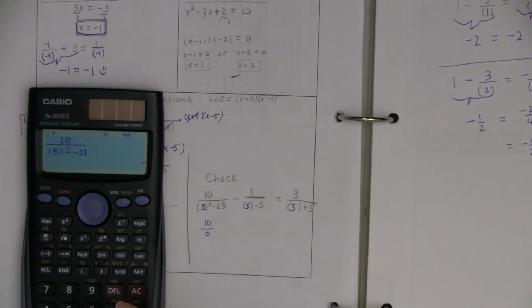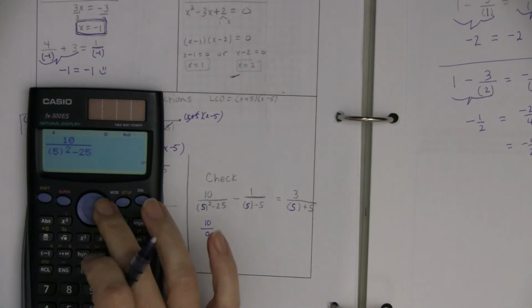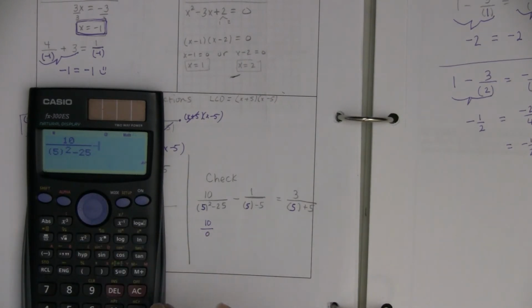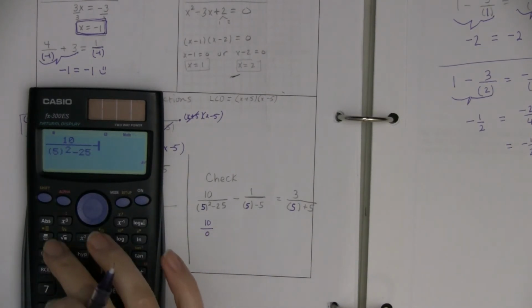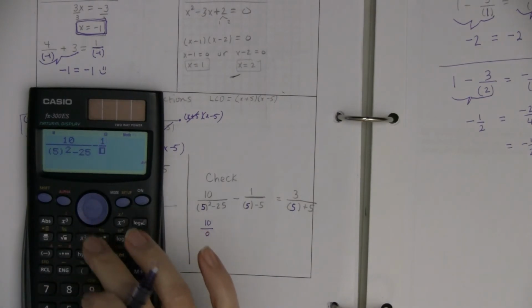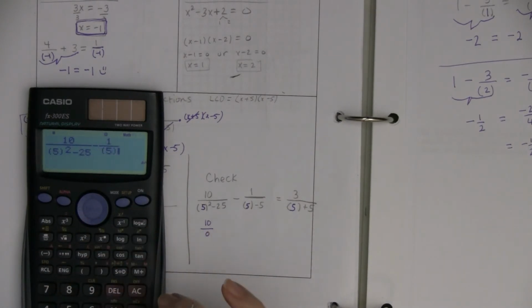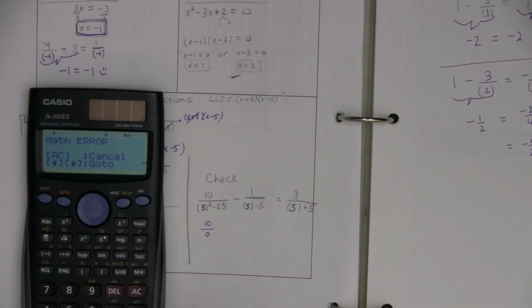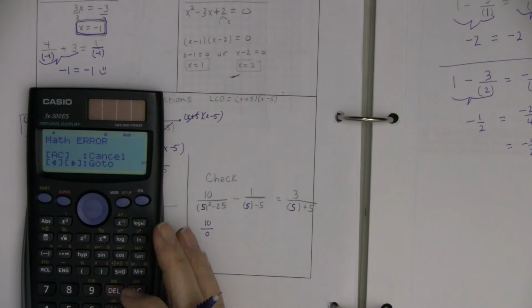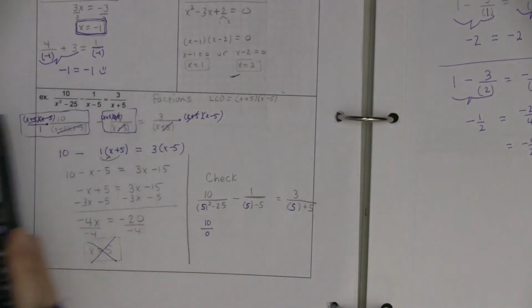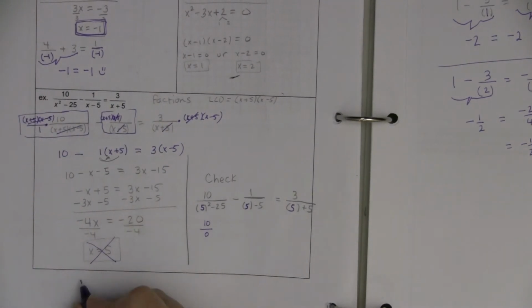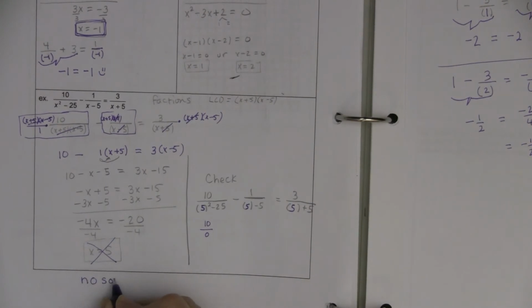If I put it in just like I see it, including parentheses and everything, my calculator says math error. It tries to tell me, hey, the denominator's 0. So even if you're a person that puts it in your calculator, this means there is no solution to this problem.